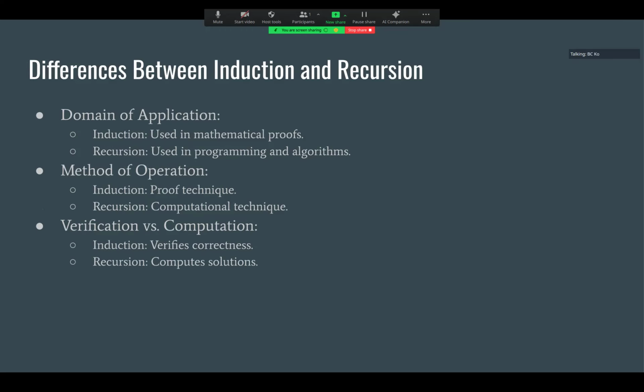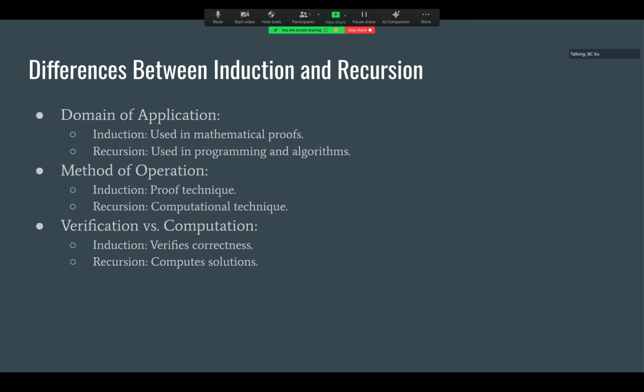Differences between induction and recursion. In the previous slide, we looked at similarities, but induction and recursion also have distinct differences. The domain of application is one major difference.